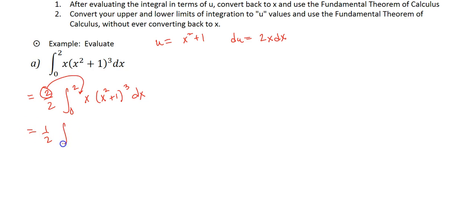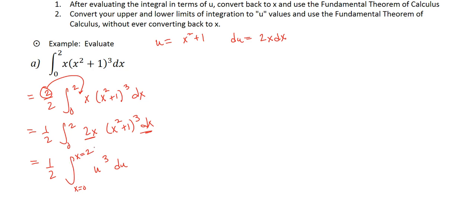So I'll have 1/2 times the integral from 0 to 2 of 2x times (x squared plus 1) cubed dx. And notice the 2x and the dx makes my du, so this is 1/2 times the integral of u cubed du, and this is from x equals 0 to x equals 2.